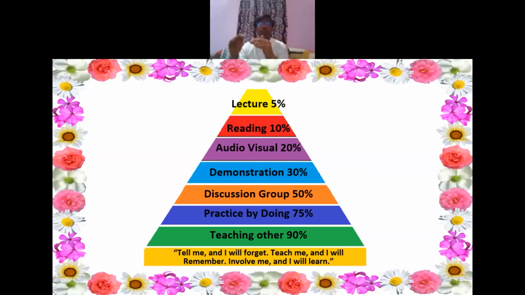See the percentages: lecture 5%, reading 10%, audio visual 20%, demonstration 30%. If we have a group discussion about a topic, 50%. If we practice by doing, 75%, teaching others 90%.